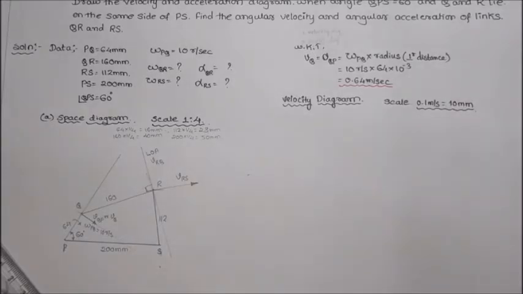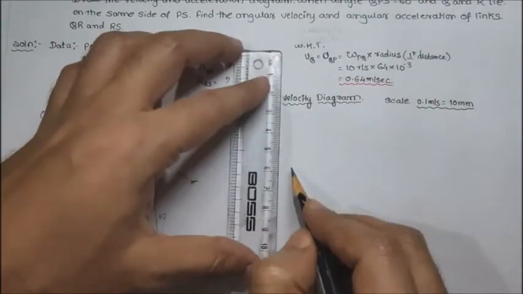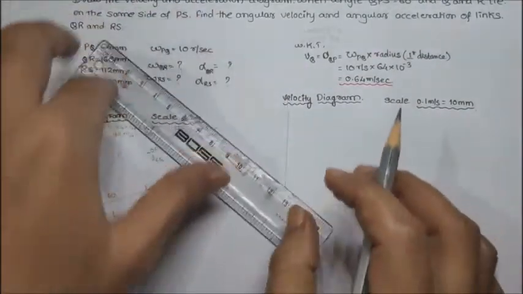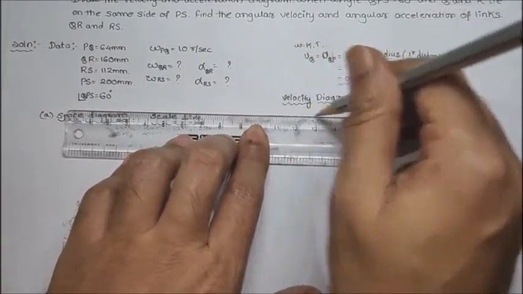Okay. So as usual, we'll draw one grid for our convenience. So that is the initial point for us.